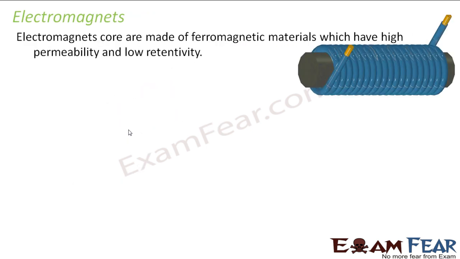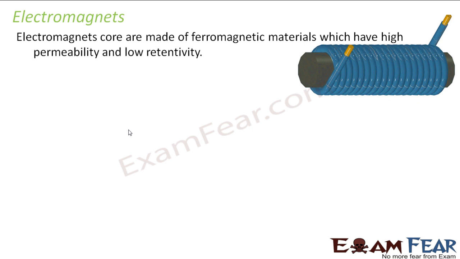Right? Now let us look at another application, that is electromagnets. What are electromagnets? Electromagnet cores are made up of ferromagnetic materials which have high permeability and low retentivity. Why high permeability? Because electromagnets are generally used for purposes where we want the substance to get magnetized quickly and it should also get demagnetized quickly, right?